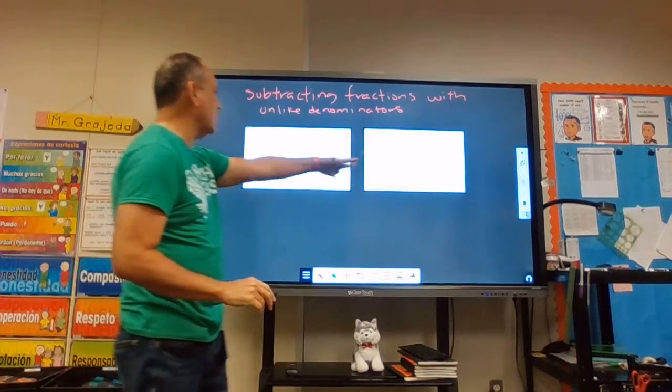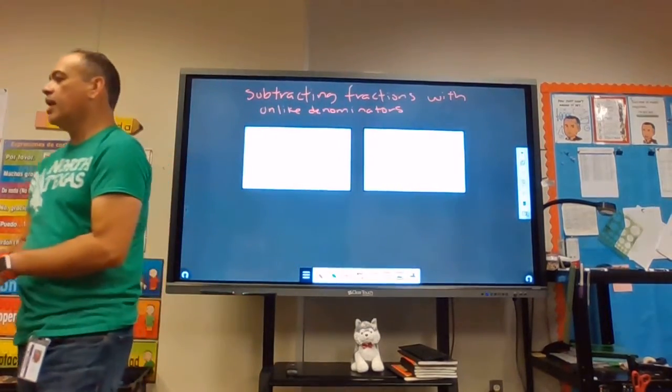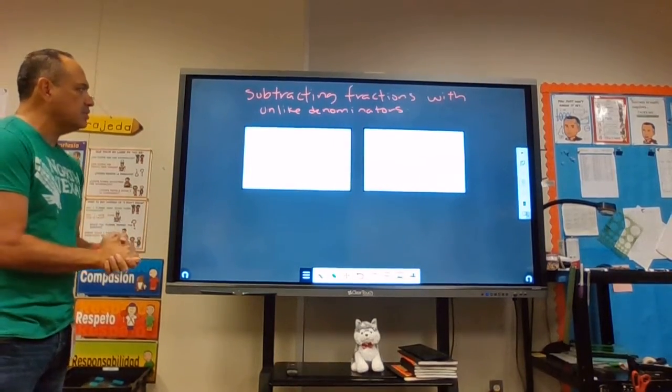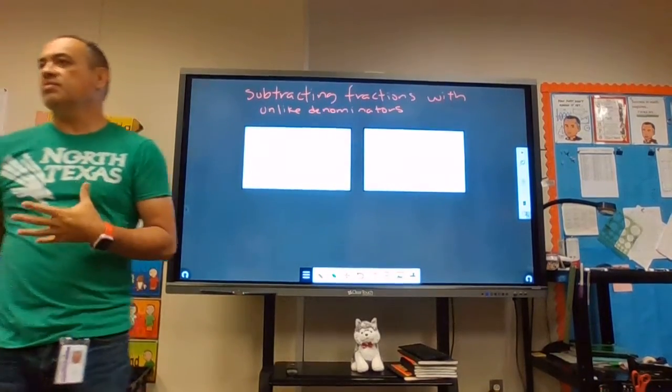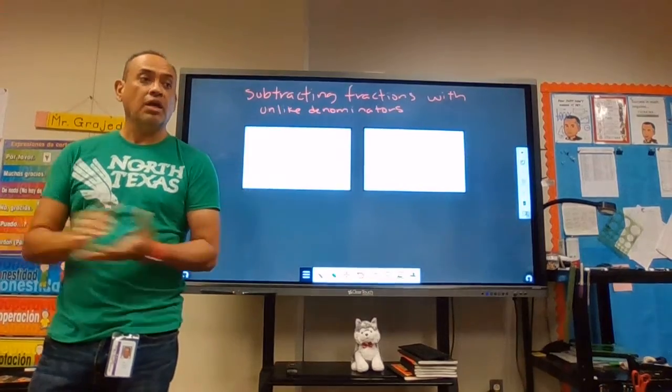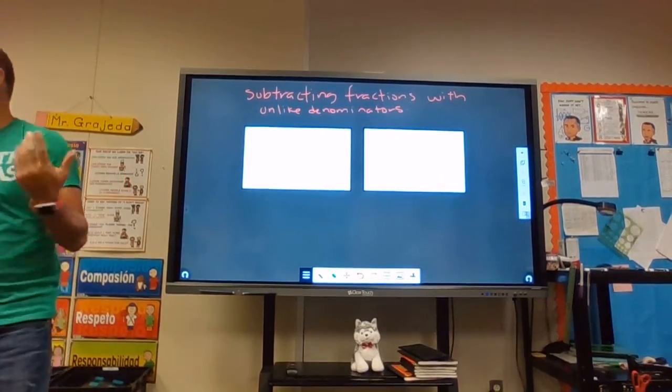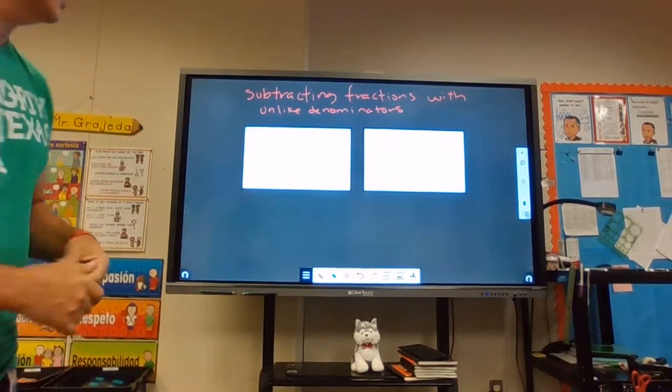I went ahead and drew a couple of rectangles, and they're going to represent something. Let's say they're chocolate bars. All right, let's say a cake. There was a party at your house, and there was an extra cake.